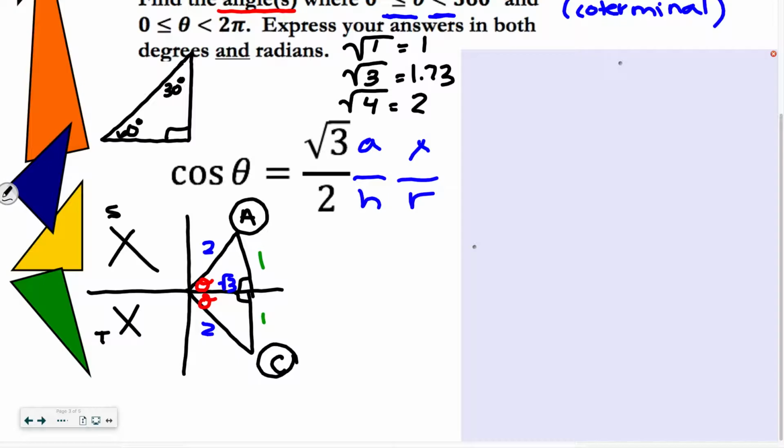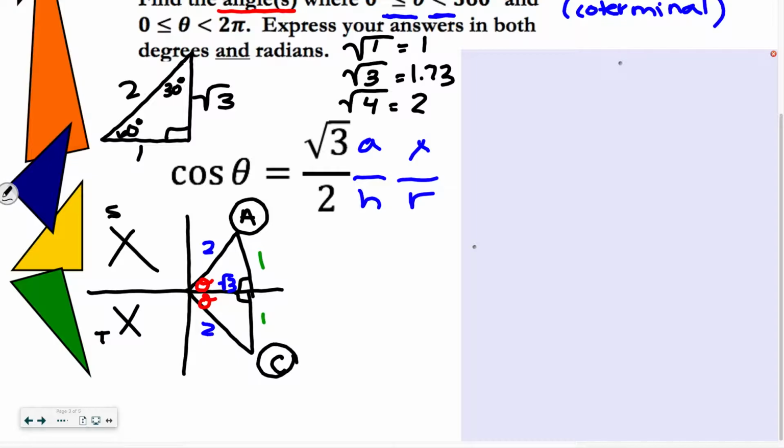So Jacob, does that then change your answer? Okay. So Kaylee knows her special right triangle. She's just saying across from 30 is 1. Across from 60 is square root 3. And then, of course, opposite the 90 is 2, because that's the longest side. 2 is greater than 1.73. Okay. So then which angle is this theta? 30.